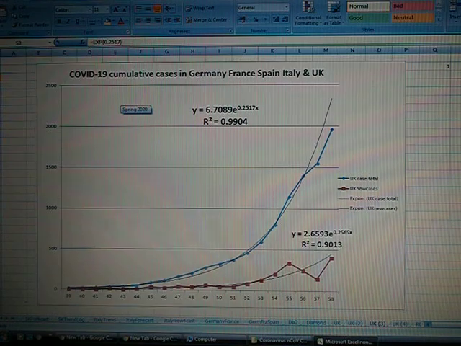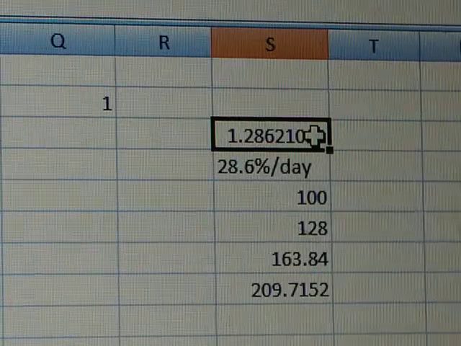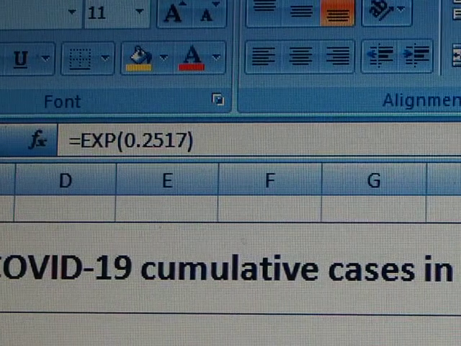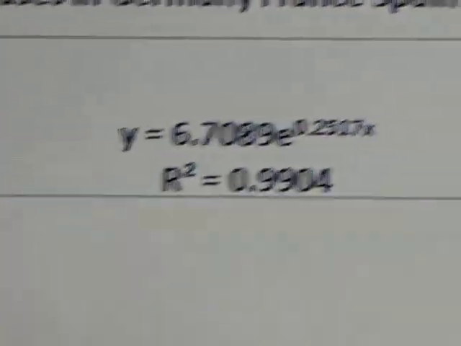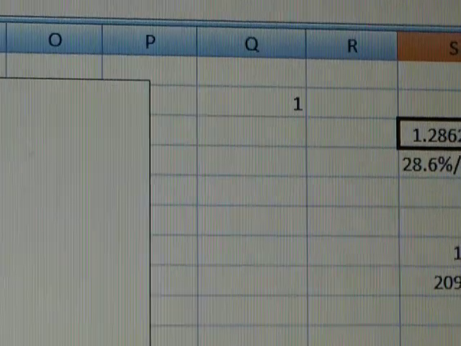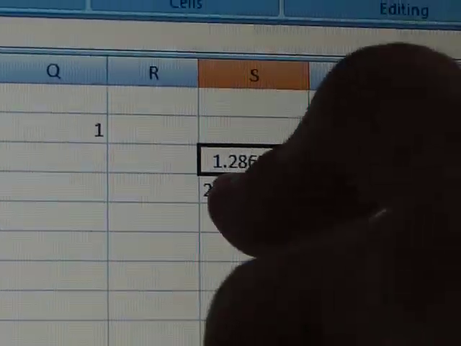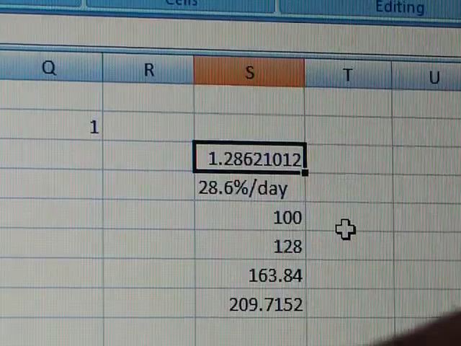Well, if you take that number 0.2517 and apply the exp function to it, e to the power of 0.2517, which is on the formula there, you get 1.286. That represents going from 1 to 1.286.